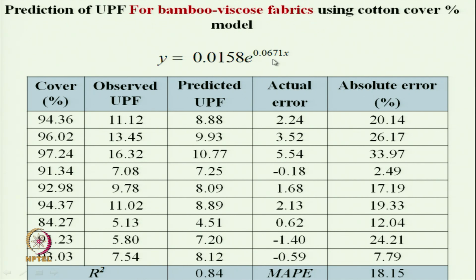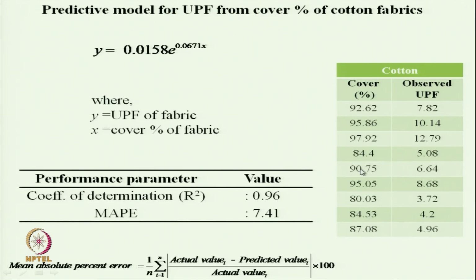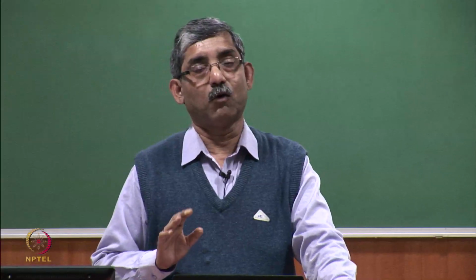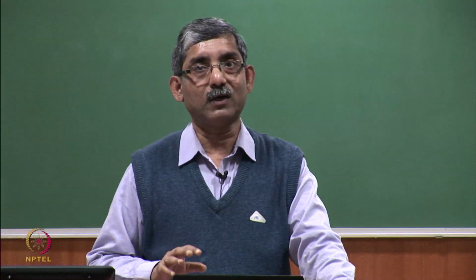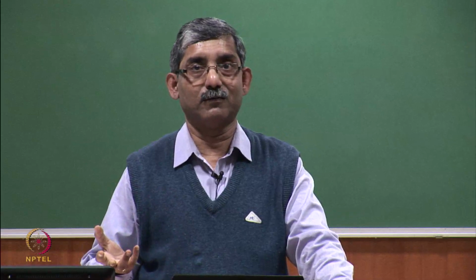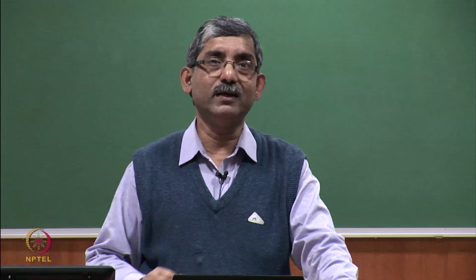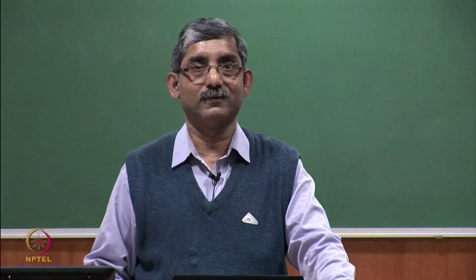With the cotton model, the error percent was 7.41%. Same model if we try to use for viscose, the error percent has increased, which means that the cotton model we cannot use for viscose fabric, bamboo viscose, because they behave entirely differently.